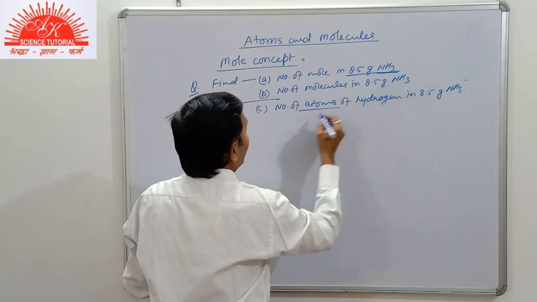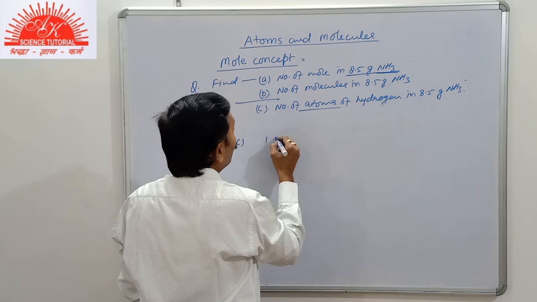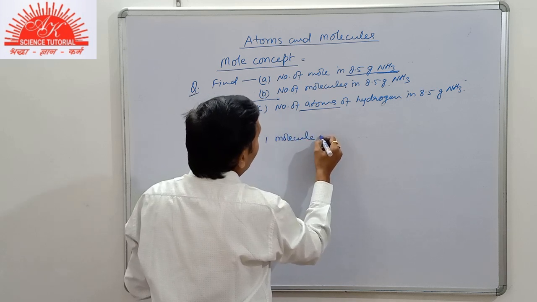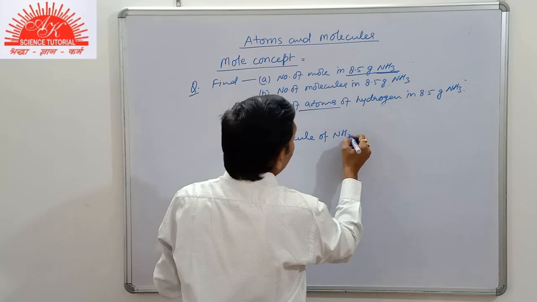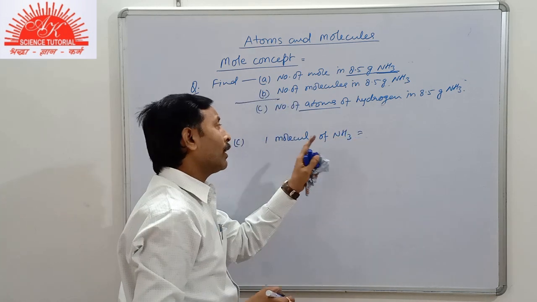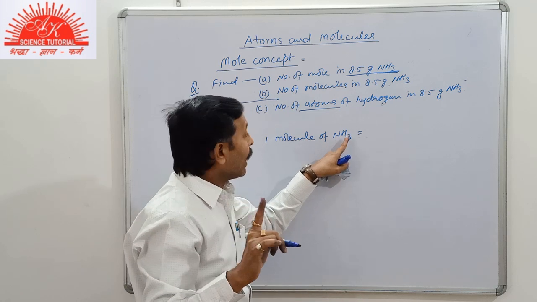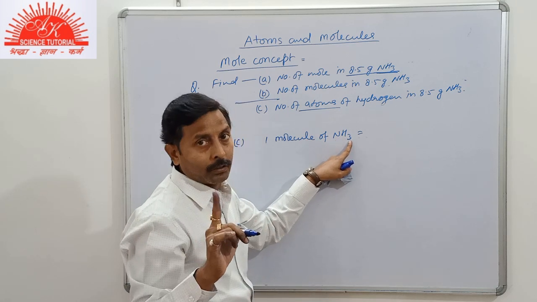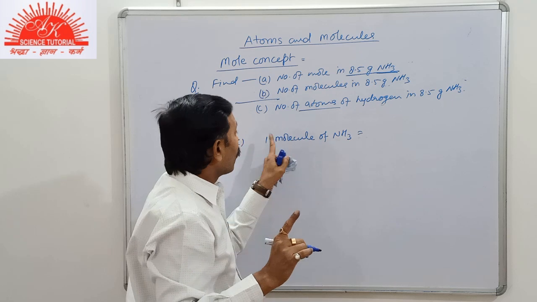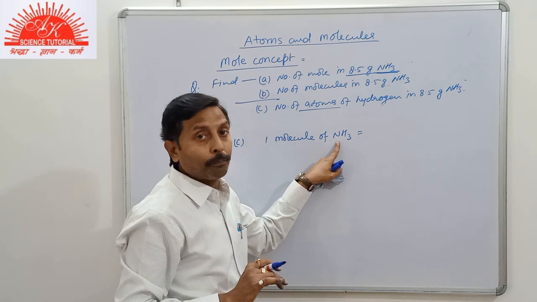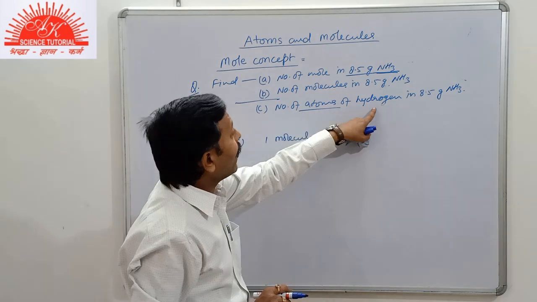Like in ammonia, you see 1 molecule of ammonia. Now you can see the number of atoms. There is 1 atom of nitrogen and 3 atoms of hydrogen. So in all, 1 molecule of ammonia has 4 atoms, but we need only hydrogen.